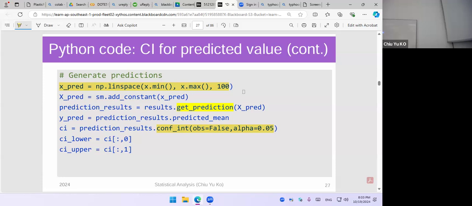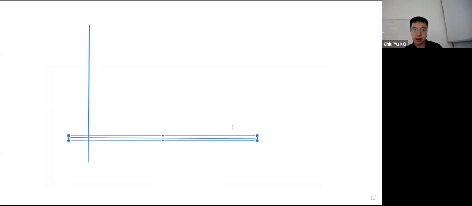Let me write it down, because I look at your faces and many of you are still confused, so let me say the following. What I'm doing is the following. Now we have the data. This is the scatter plot. Suppose we have the data here, some data here, some data there.